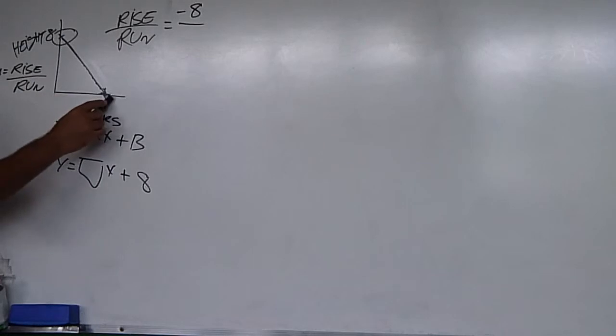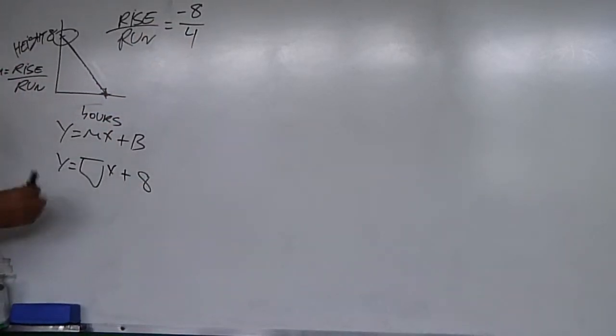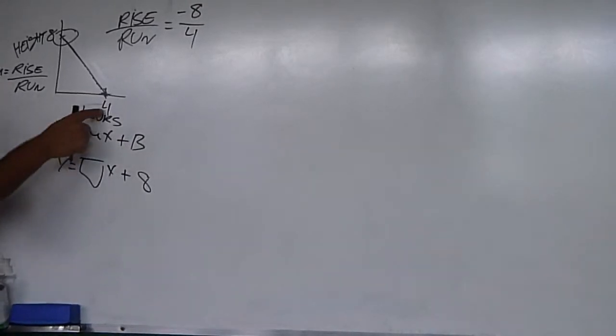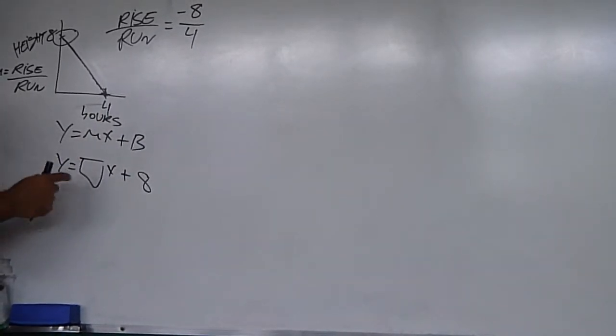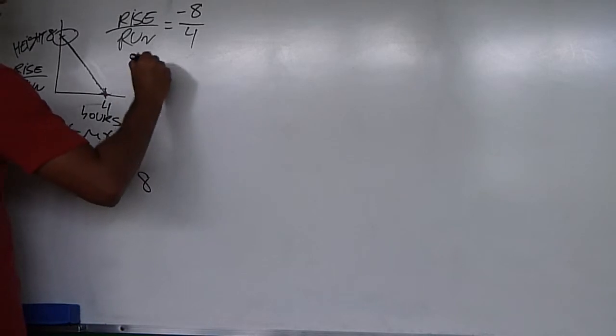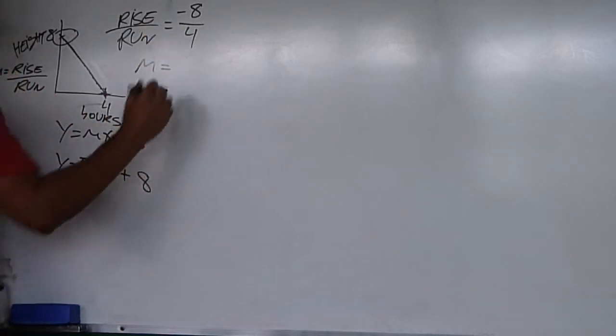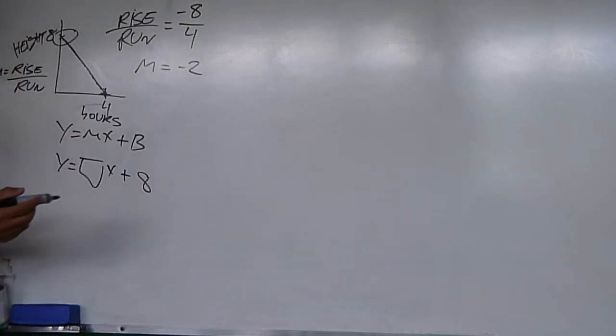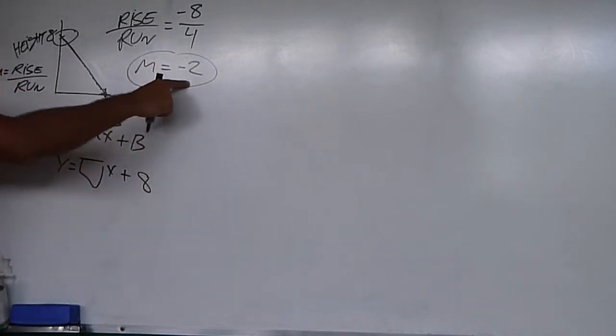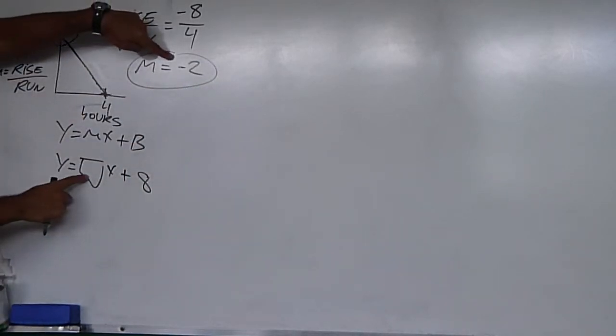And then from here to here, how much did it move? 4. If you look at the graph, you're going to see this is the 4, because it took 4 hours. So the slope is minus 8 over 4, which is minus 2. This number is going to go in here.